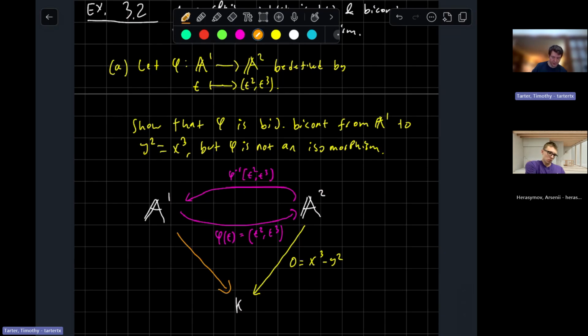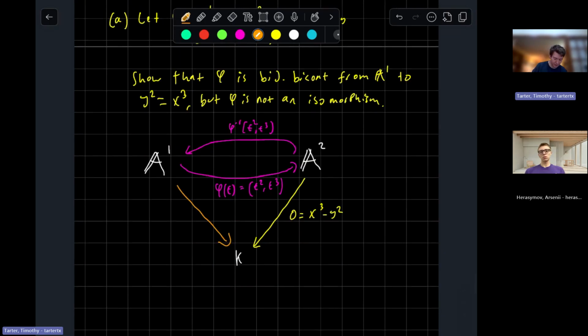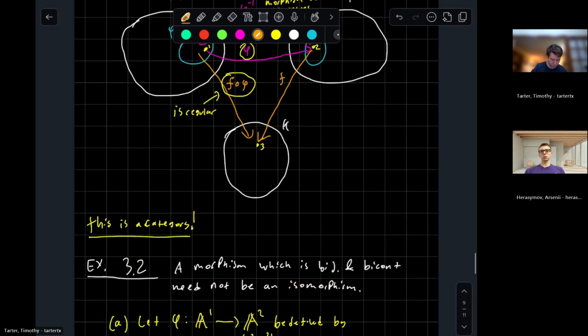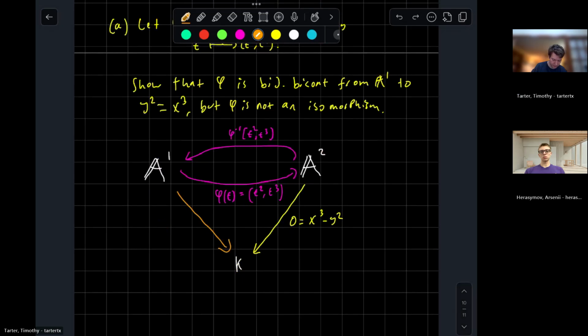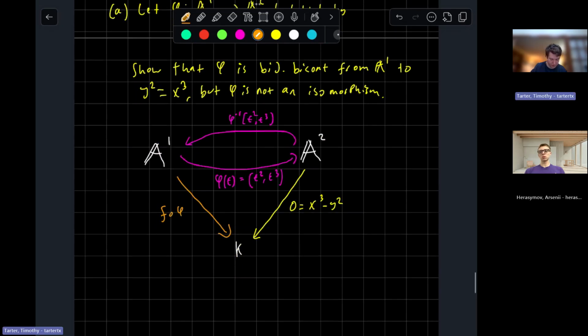No, we want to find, we have phi inverse. No, we have phi circ. Wait, F circ phi, which commutes here.